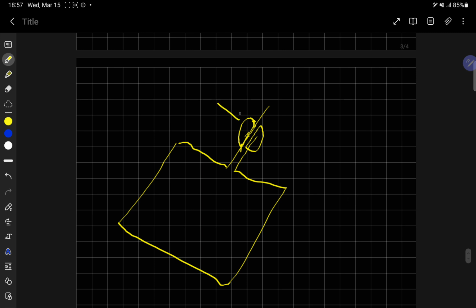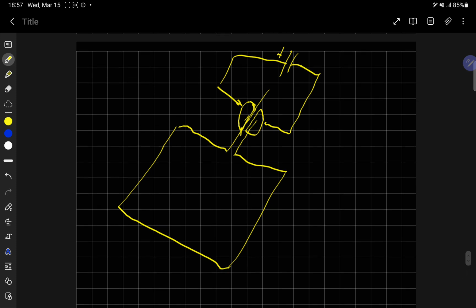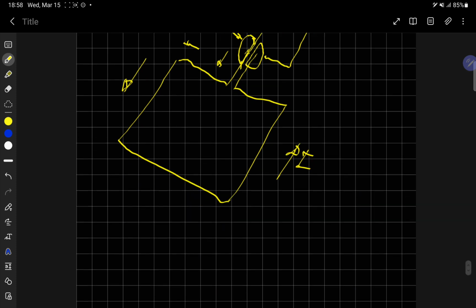And we have a battery, a power supply here, and the current goes like this, in this direction, this direction, and this direction here.